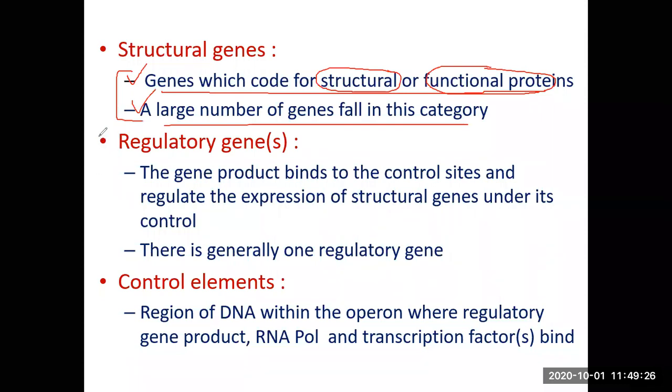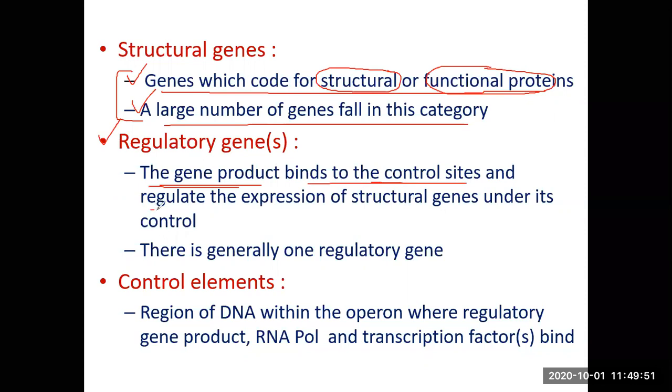Second category, regulatory genes. The product of this regulatory gene, or genes if there is more than one, binds to the control sites. Control sites are the third element of the operon. So the protein coded by the regulatory gene usually binds to control sites.